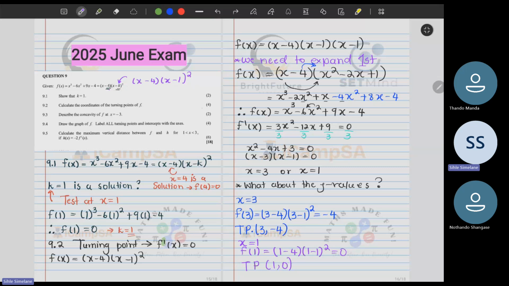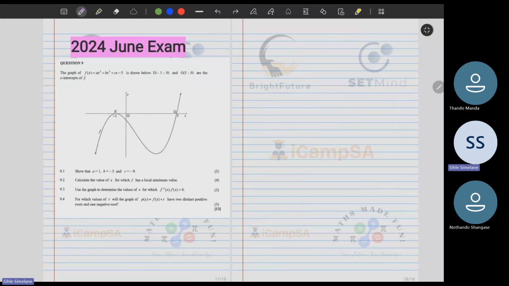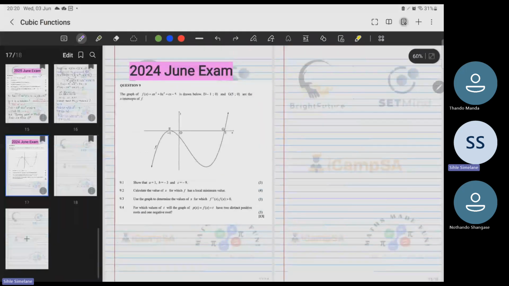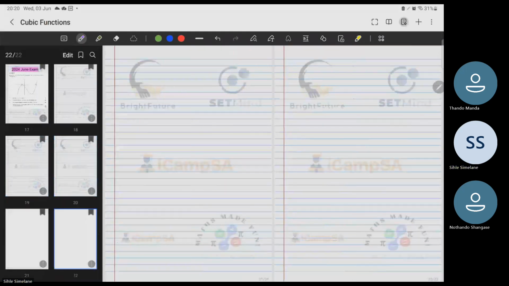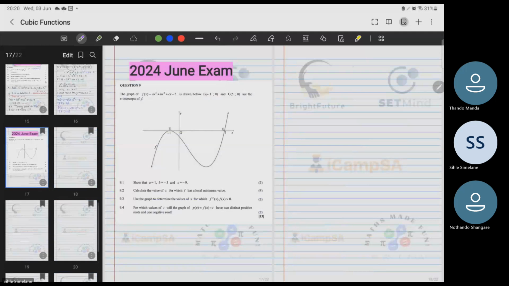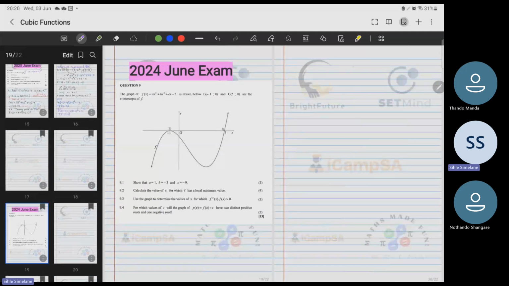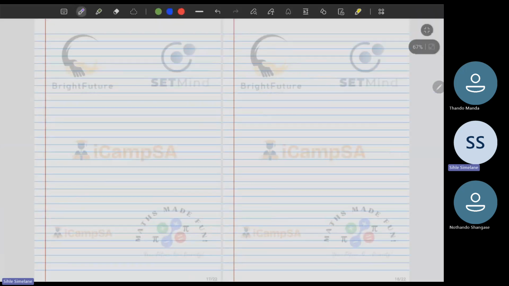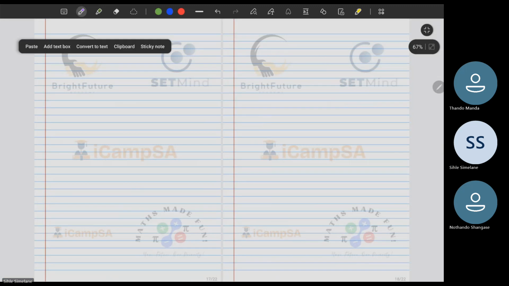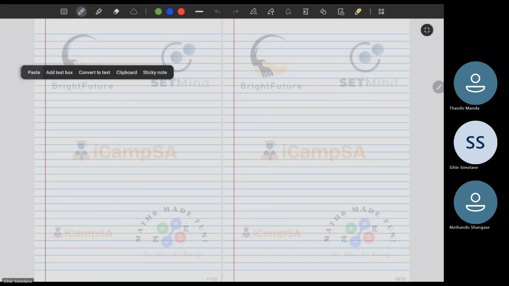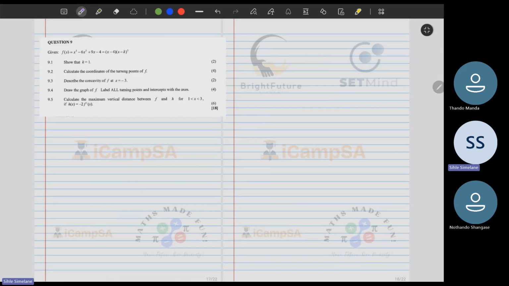We are happy. So they say we should go and describe the concavity of f at x is negative 3. So let's create some space. So what did we say, guys, is the important expression when we are talking about concave up and down? They say concave up and down, or they speak about points of inflection.